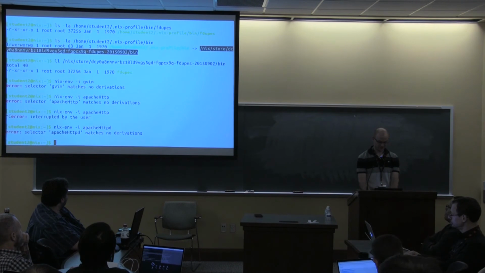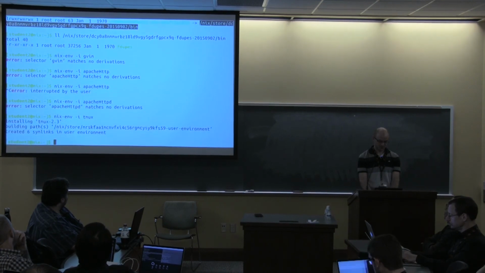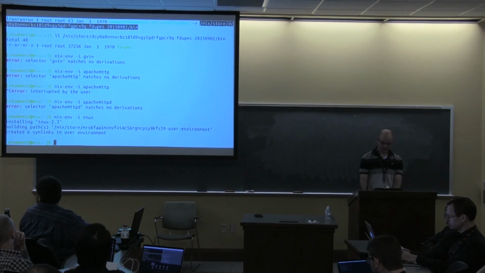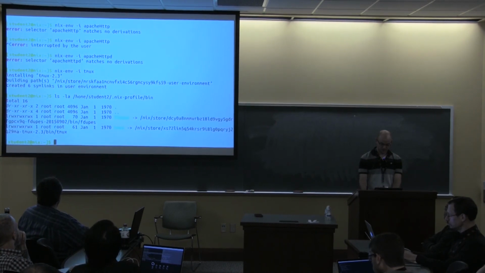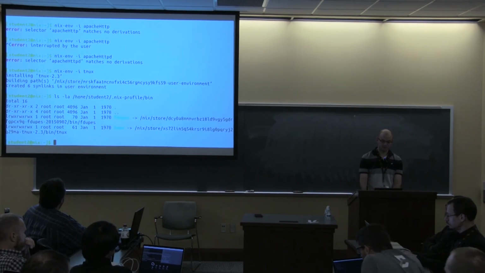How about Tmux, that's a good one. There we go. So now if I look at my local bin, okay, so yeah, we can see the symlinks within that folder.